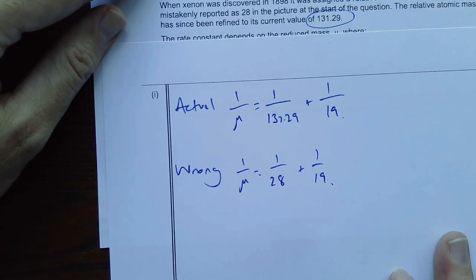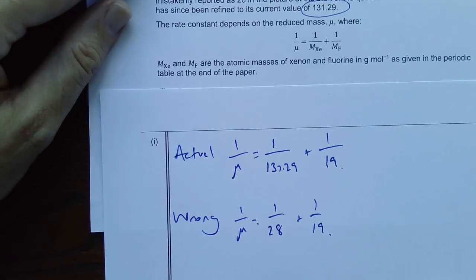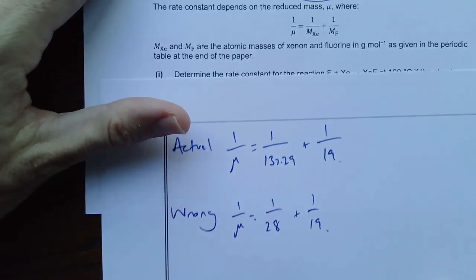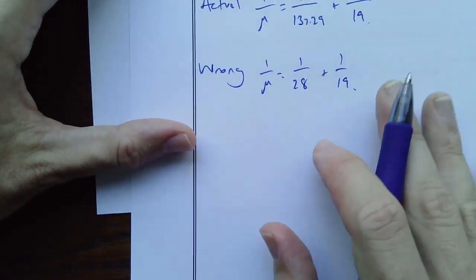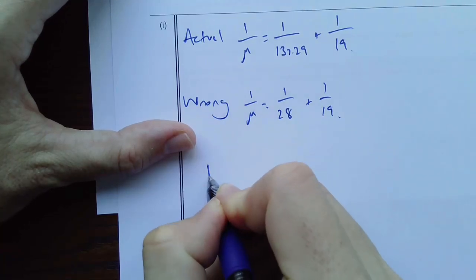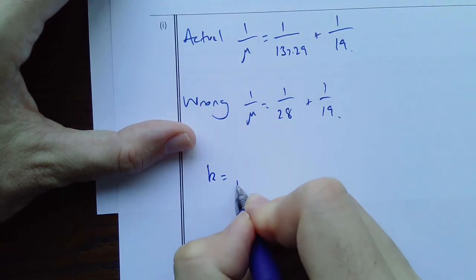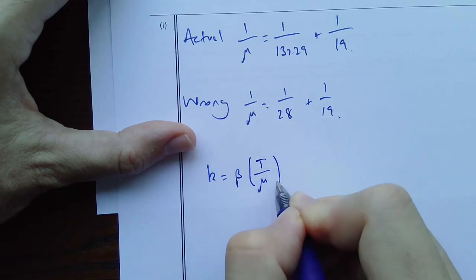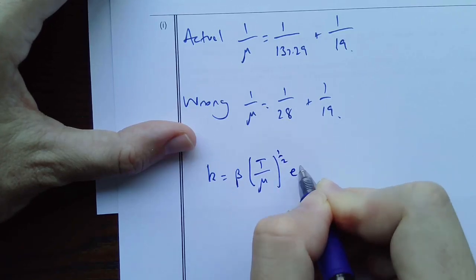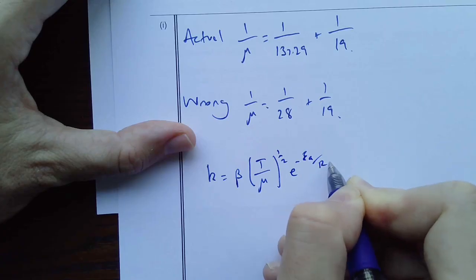And it says, assume all the other parameters are unchanged, I've got this equation. So I've got K equals beta T over mu to the power of a half, e to the minus EA over RT.